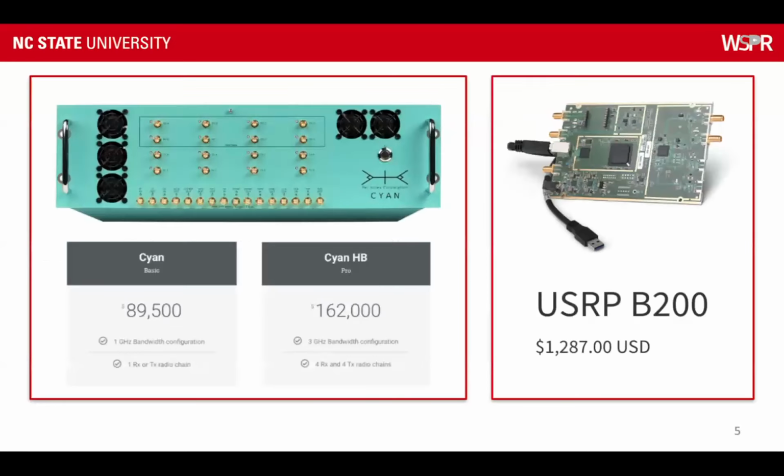One example of a radio that can monitor all networks simultaneously is this Cyan HB here, which costs $162,000. A powerful adversary could also just buy a bunch of USRP B200s at about $1,300 each. But as I said, for a research lab to replicate the number of radios necessary to monitor a whole area, it doesn't really hold up.